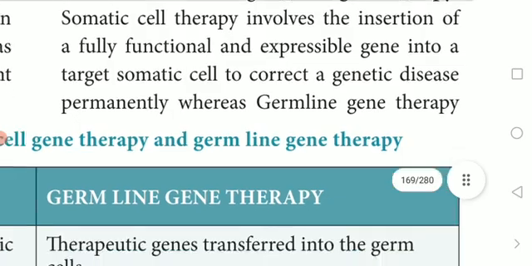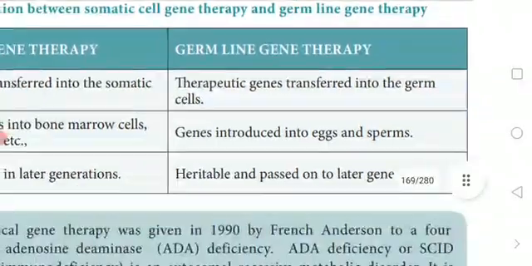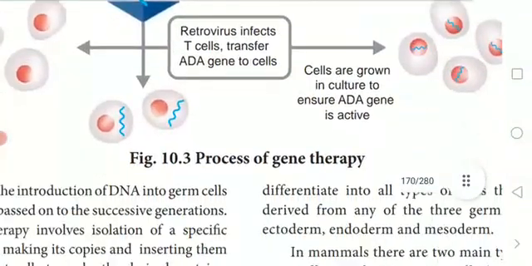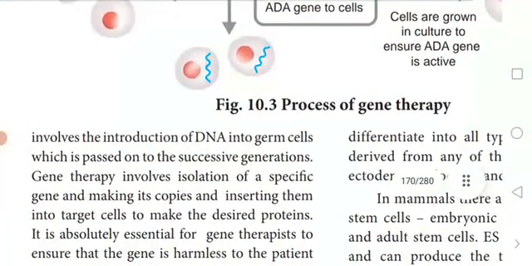The two approaches to achieve gene therapy are somatic cell and germline gene therapy.